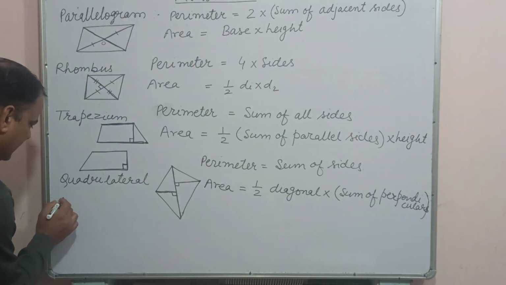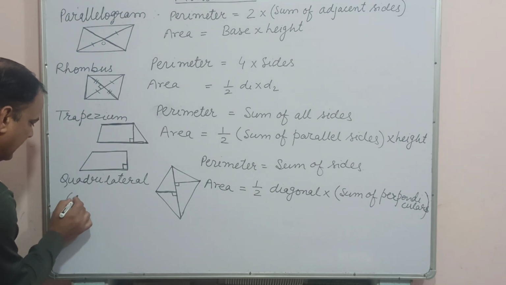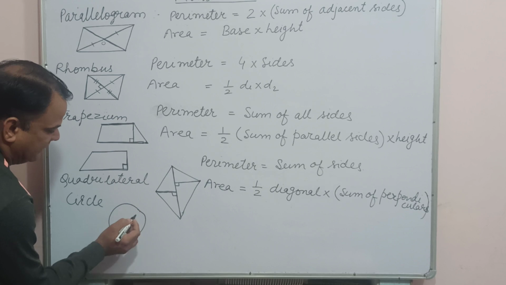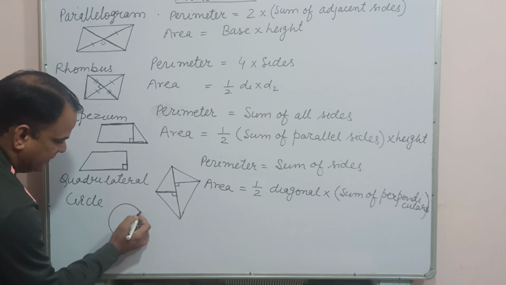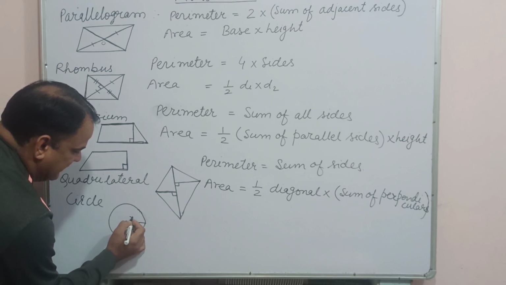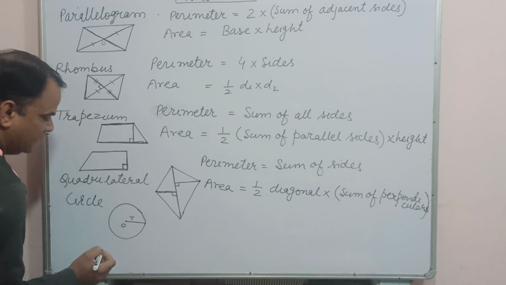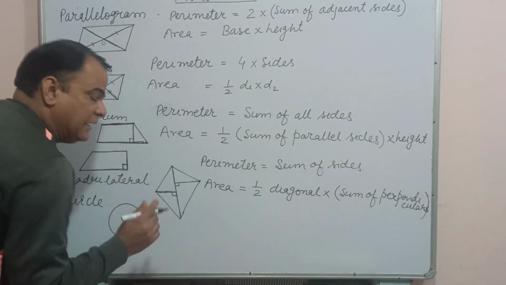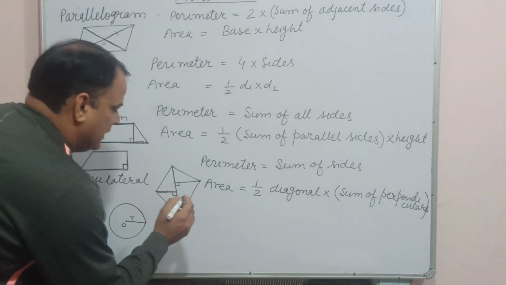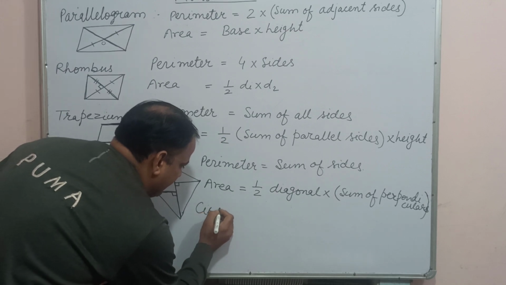Now the next one is the circle. This is the circle, this is the center, and this is known as the radius. The perimeter, or in the figure circle we say circumference. So I will write circumference.